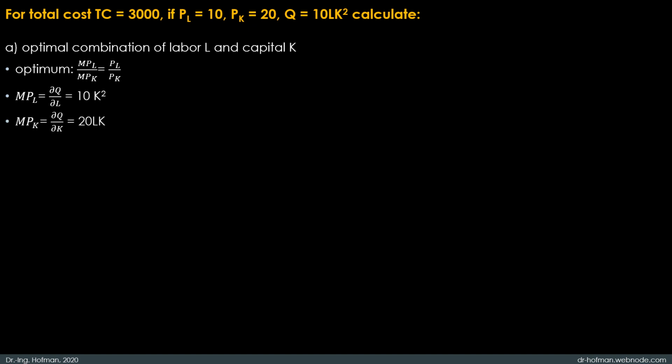If I use these both expressions in our fraction MPL over MPK, I get 10K squared over 20LK, which is 10/20ths, K over 2L is 1/2. K over L is 1. And from here, K equals L.